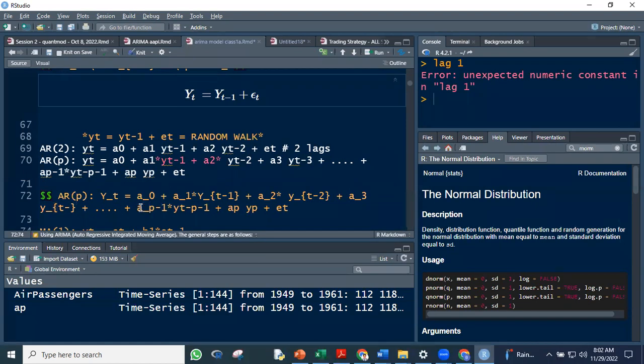Pag hindi kasi siya naka-LaTeX, hindi masyadong clear yung equation. Pag naka-LaTeX siya, clear na clear.